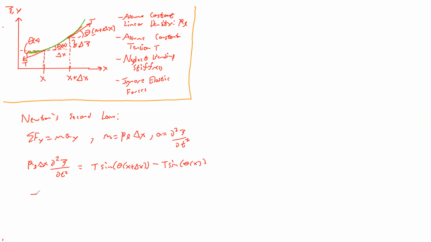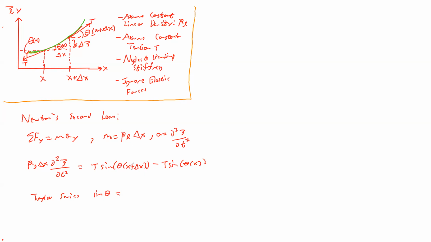So we can do a Taylor series expansion of sine of theta about theta equals 0. That could also be called a Maclaurin series expansion.